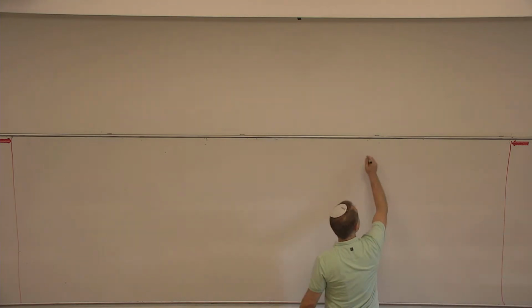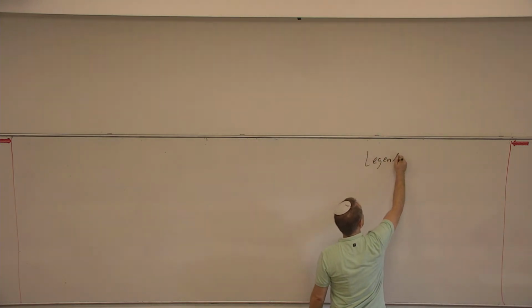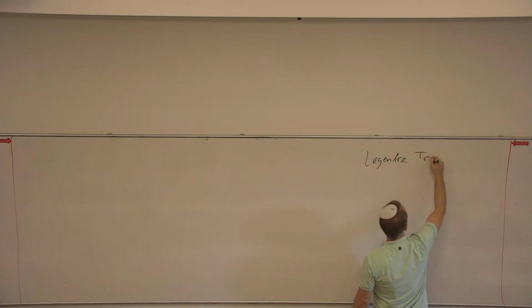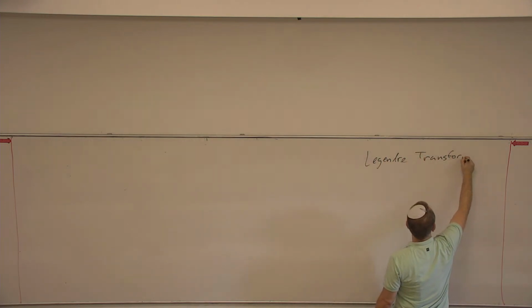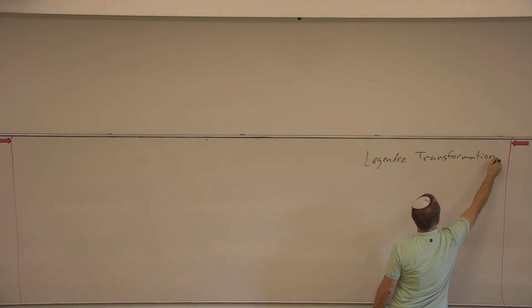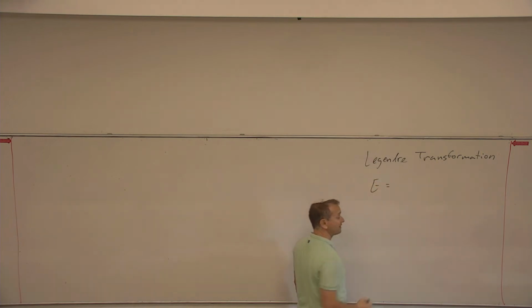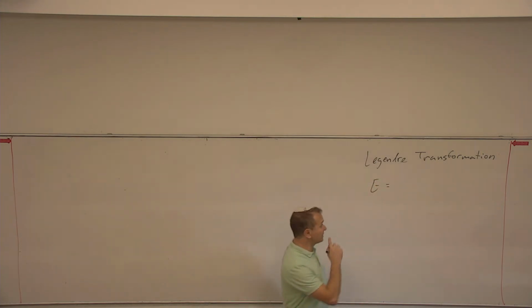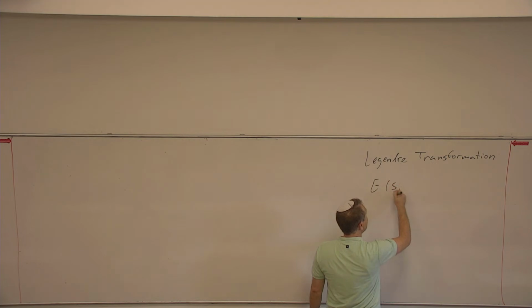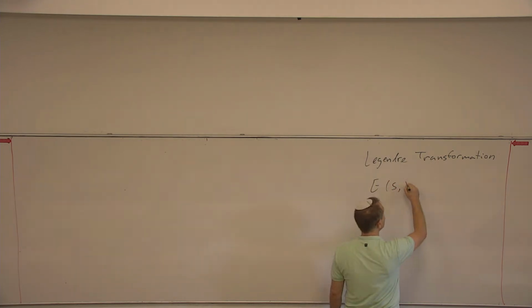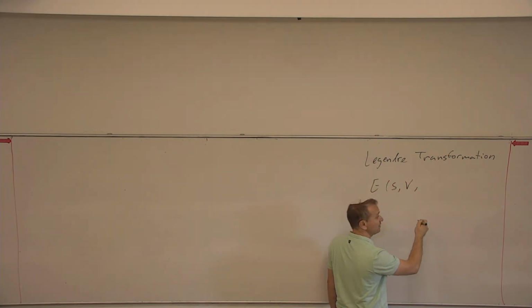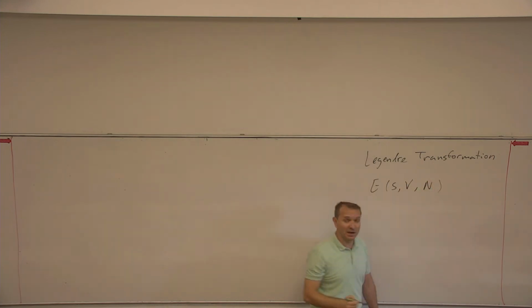We are starting with a recap of what we have done last week, and it's Legendre transformation. In general, if you remember, we did it for energy, right? The energy was a function of entropy, volume, and the number of particles that we have inside.